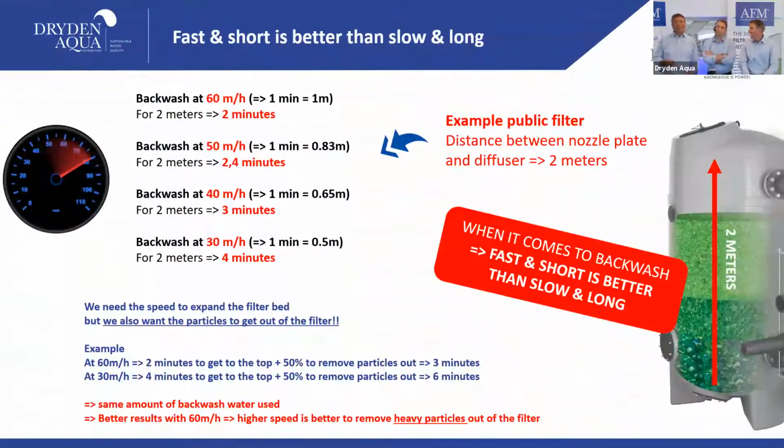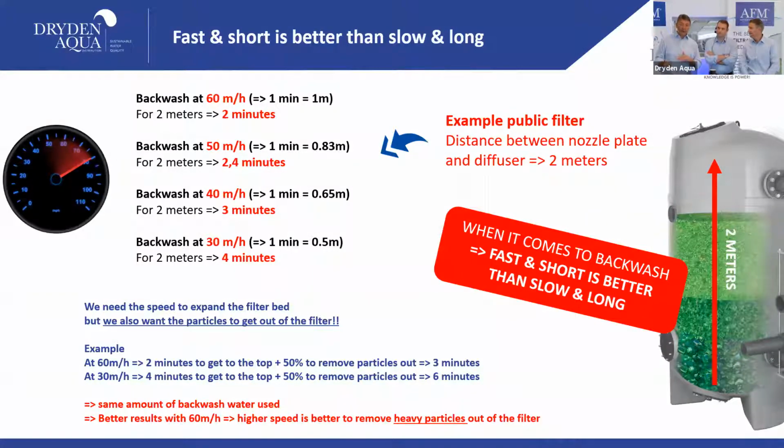So when it comes to backwash, fast and short is better than slow and long. You remember this, right? Not in everything in life it's like this, but in backwash, this is what it is. Fast and short. For example, if you have a 2 meter distance from your laterals all the way to the top diffusers that the water has to travel, then if you backwash at 60 meters per hour, it will take the water 2 minutes to reach the top diffuser. 60 meters per hour is in 1 minute, 1 meter.